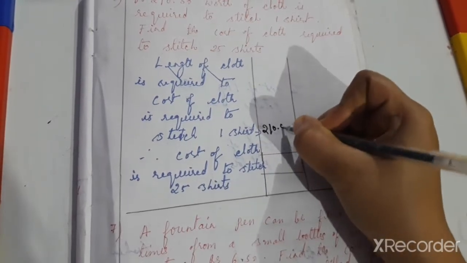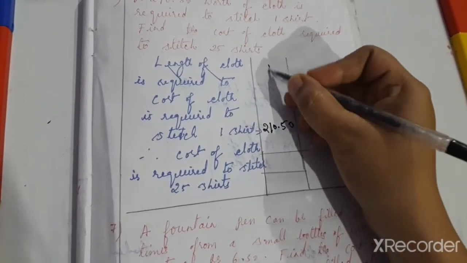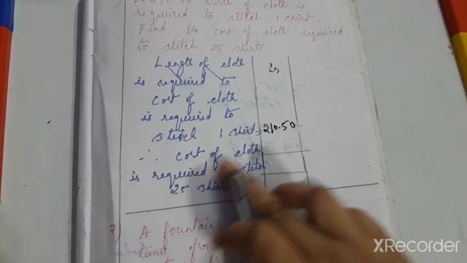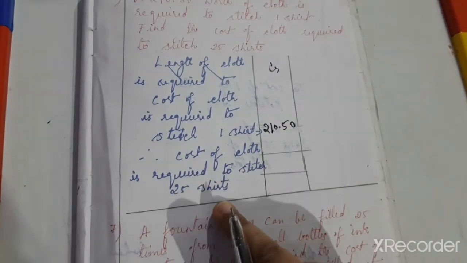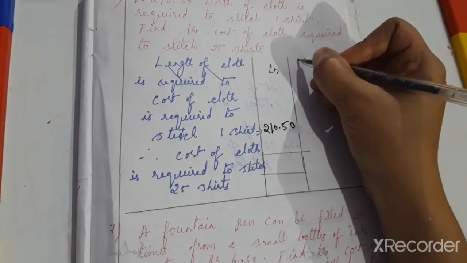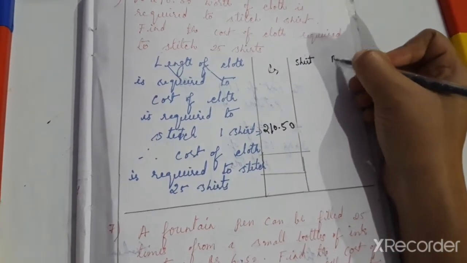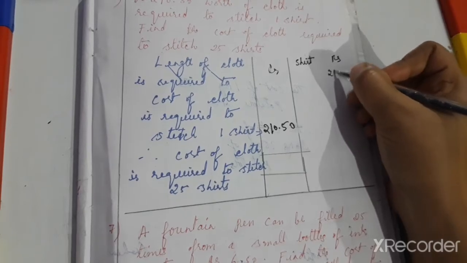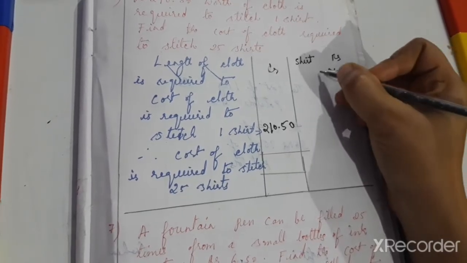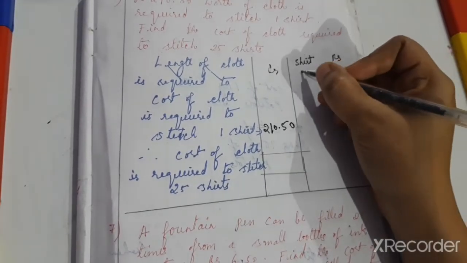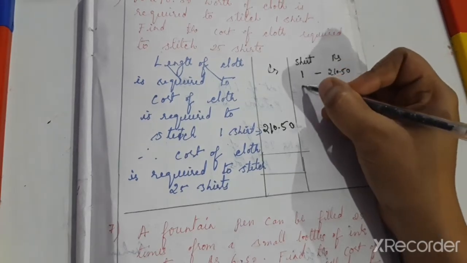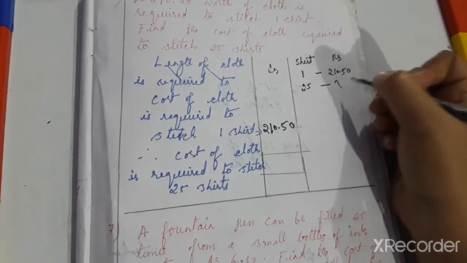210 rupees 50 paisa. The cost of cloth required to stitch 25 shirts. So here the important points are shirt and rupees. 210 rupees 50 paisa is required to stitch one shirt. To stitch 25 shirts, how much?